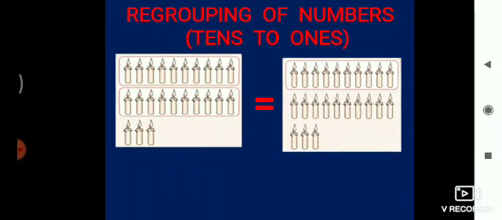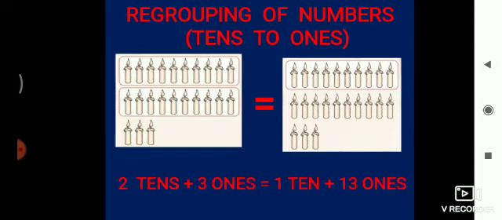See one more example. Here we can see some candles. There are 23 candles. This can be expressed as 2 tens plus 3 ones. Now, if we remove 1 ten from these 2 tens, we will have to regroup these candles.